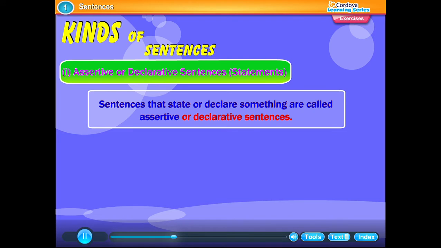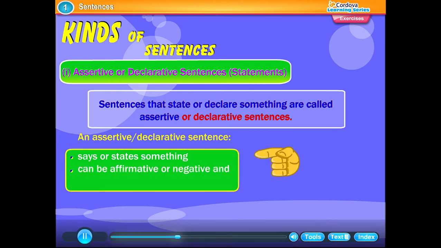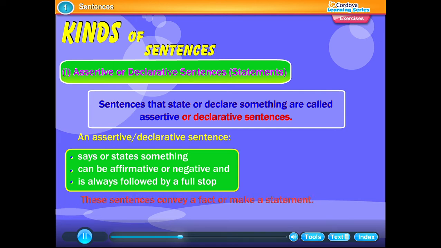Sentences that state or declare something are called assertive or declarative sentences. An assertive or declarative sentence says or states something, can be affirmative or negative, and is always followed by a full stop. These sentences convey a fact or make a statement.